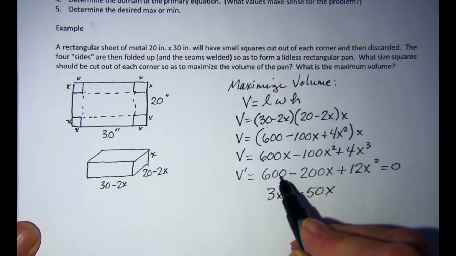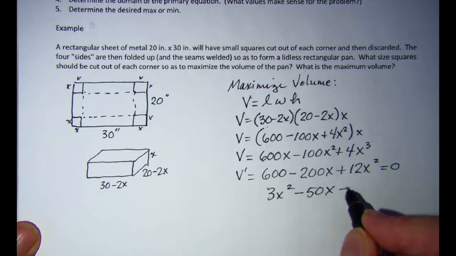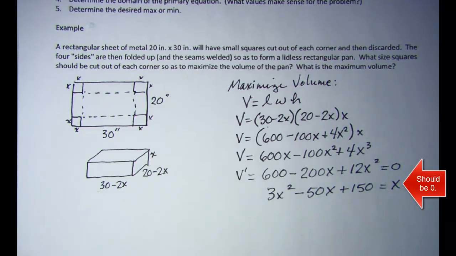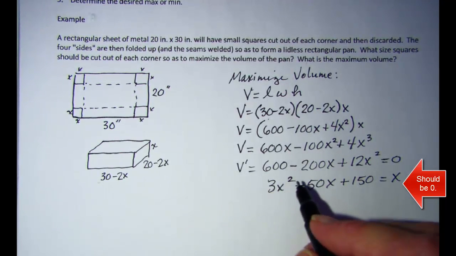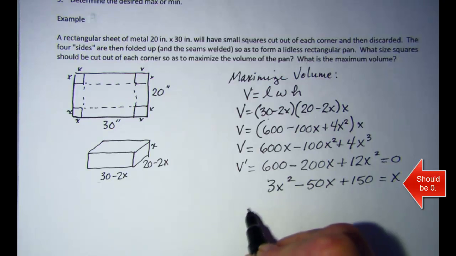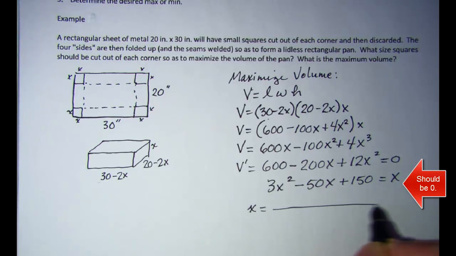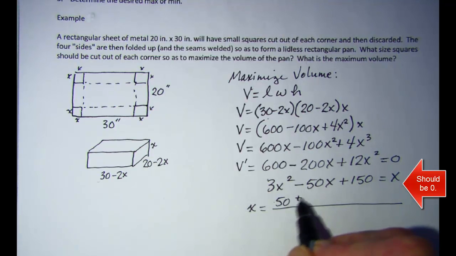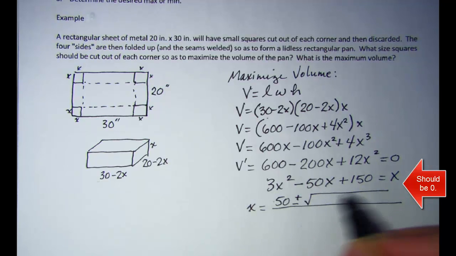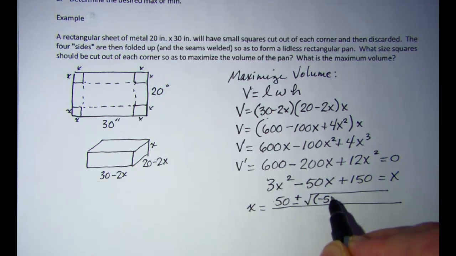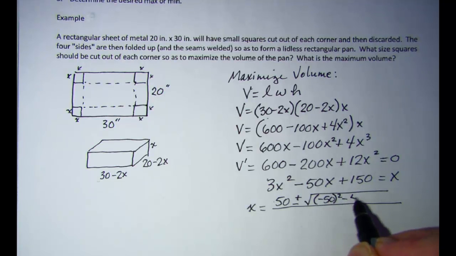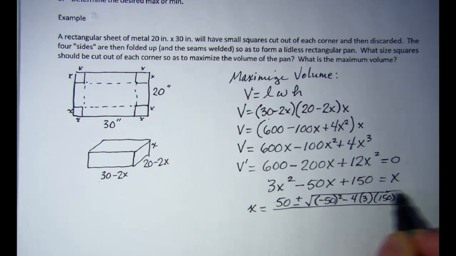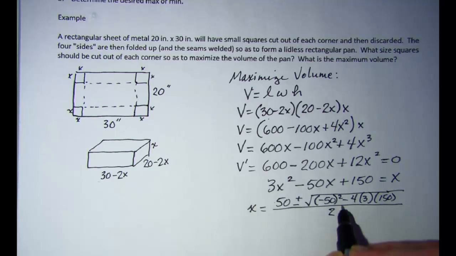And then 600 divided by 4 is 150. Alright, we can use the quadratic formula to find our x values. So x is equal to 50 plus or minus the square root of negative 50 squared minus 4 times 3 times 150, over 2 times 3.